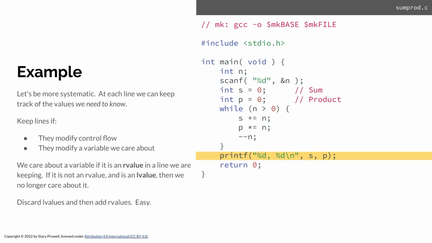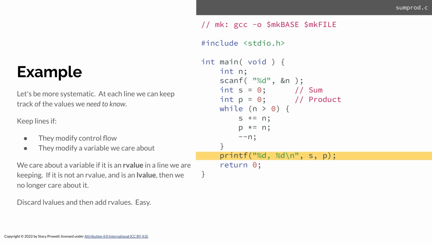Well, we've already seen that happening. We're going to use the same basic approach we did with live variable analysis. Right? We care about a variable if it's an R value in a line we're keeping. So think about that for a minute. We keep a line if it either sets something we care about or it changes control flow. If it's setting something we care about and it's doing that by reading something else, well, we care about that something else.